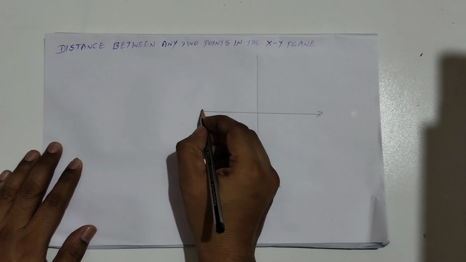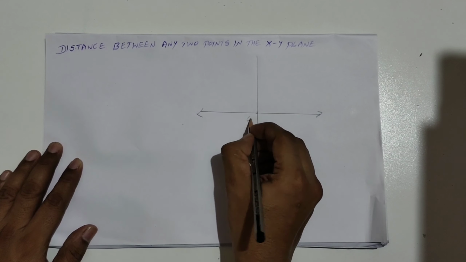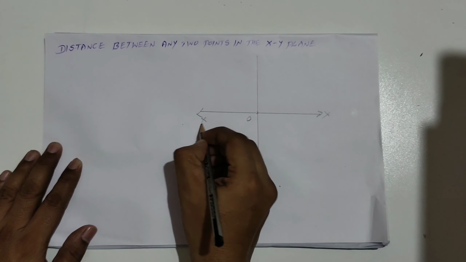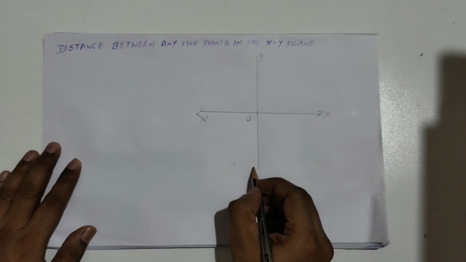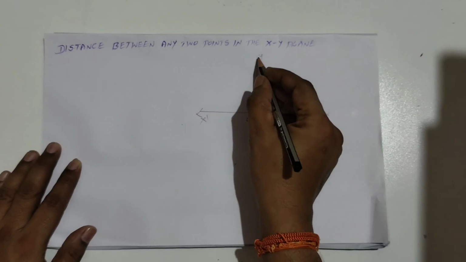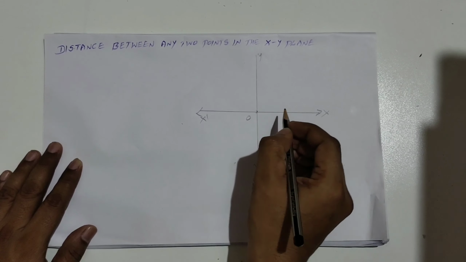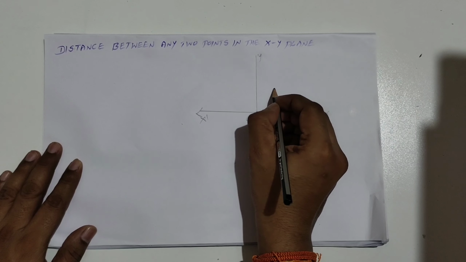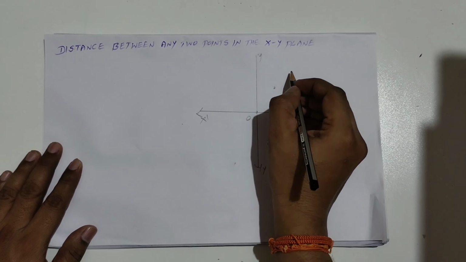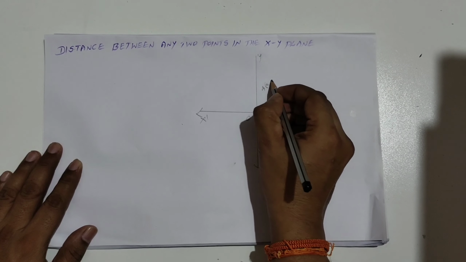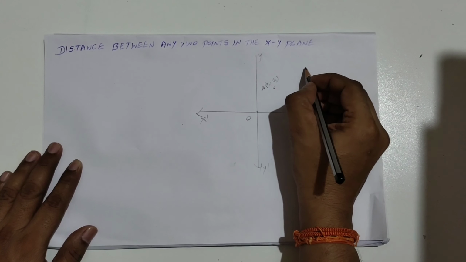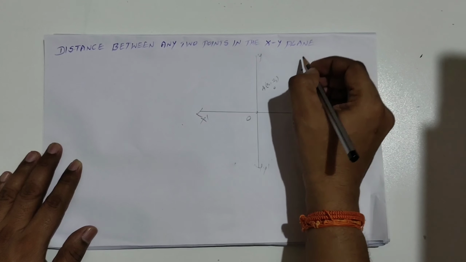Here I am taking xy plane, and this one is horizontal line x dash ox and vertical line. So I am taking any 2 points A x1 y1 and B x2 y2.